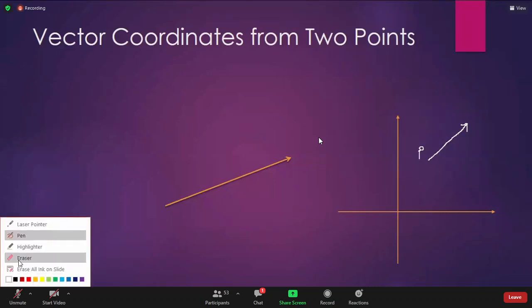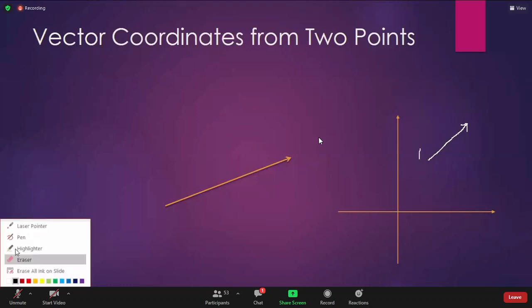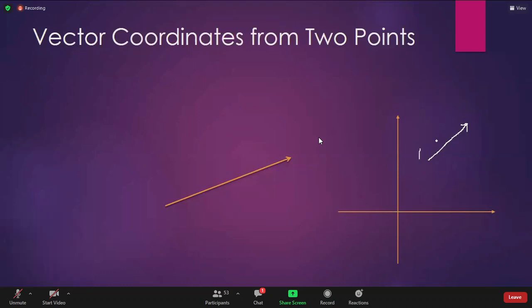I will take the vector from point M to, let's say, point N. And we want to know the coordinates of such a vector. Can we only find the coordinates of a vector that starts at the origin?